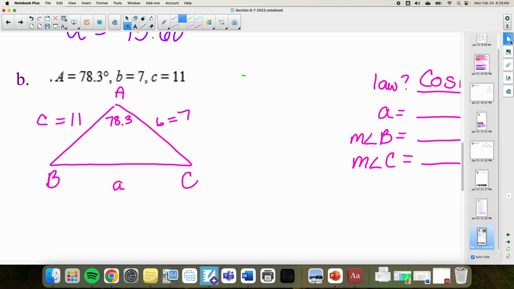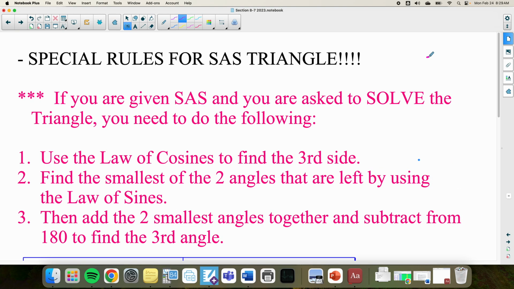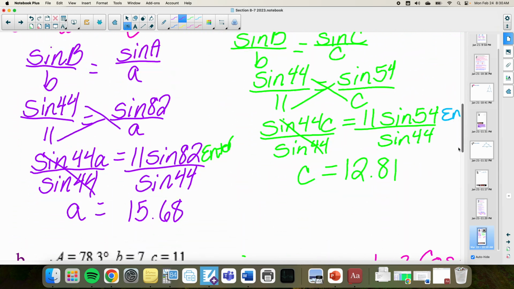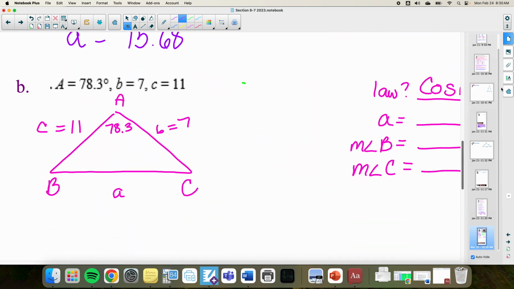And on your cheat sheet, you have the special rules for side angle side. And in your homework today, you'll also get side side side triangles like we did on Friday, and there are special rules for those too. So what this tells us to do is use the law of cosines to find the third side. And our third side that we're looking for is a.